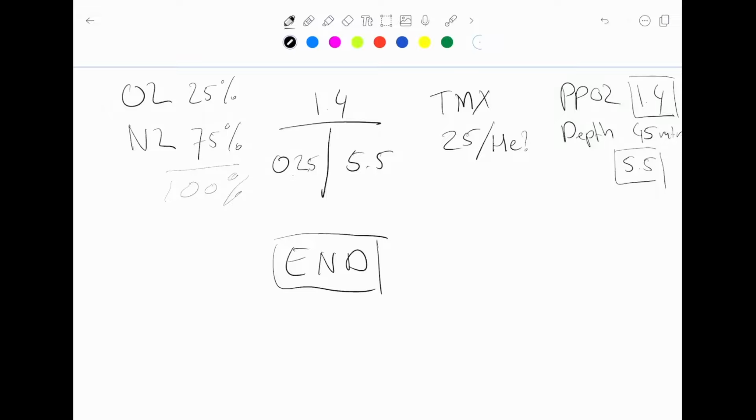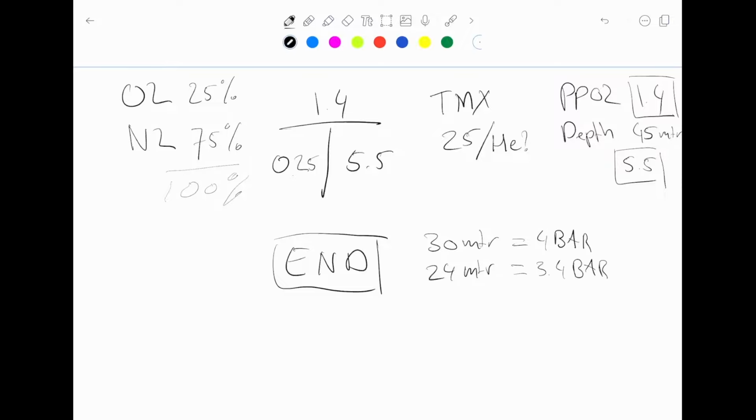If we know what that depth is, we can take that maximum partial pressure of nitrogen and add that to our equation. A lot of people take an equivalent narcotic depth of 30 meters, which would be 4 bar. Personally, I like to dive an equivalent narcotic depth of 24 meters, which is 3.4 bar.